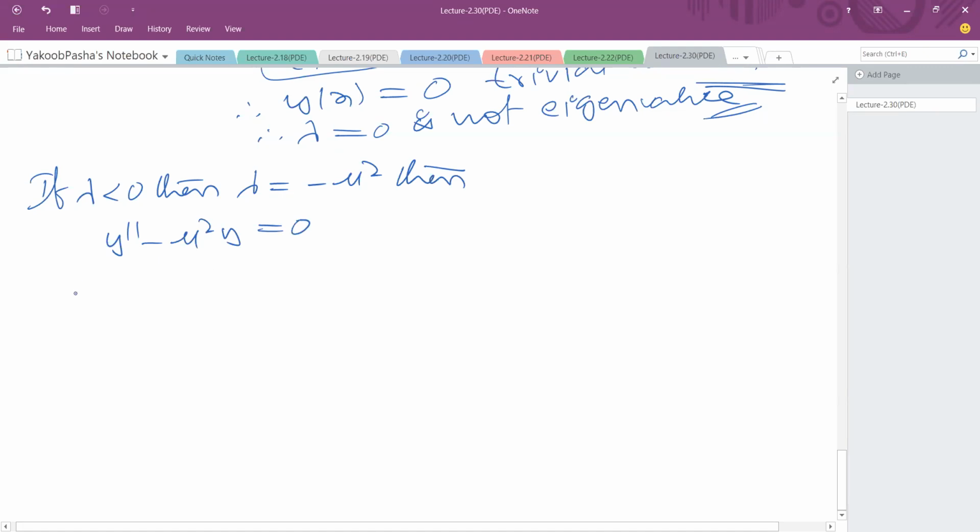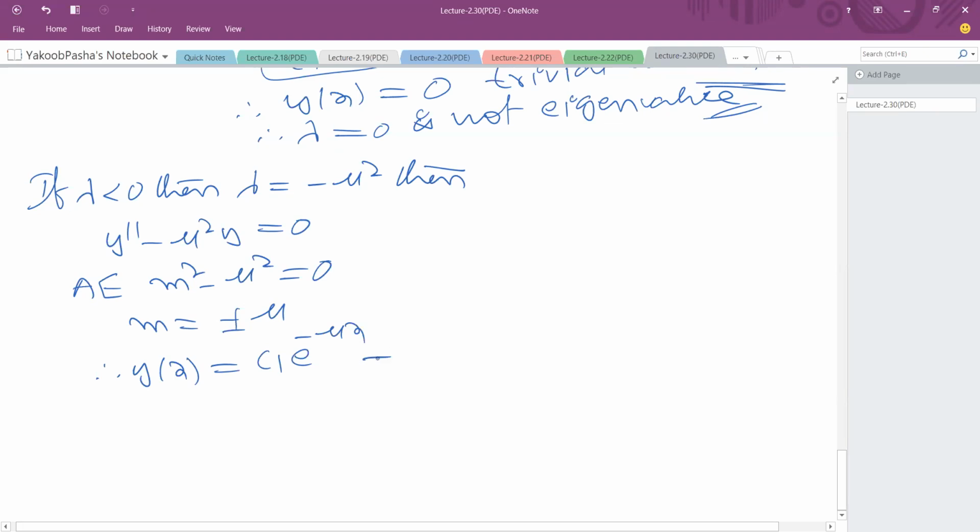The corresponding auxiliary equation is m square minus mu square is equal to 0, that is m is equal to plus or minus mu. So the general solution is y of x is equal to c1 e power minus mu x plus c2 e power mu x.